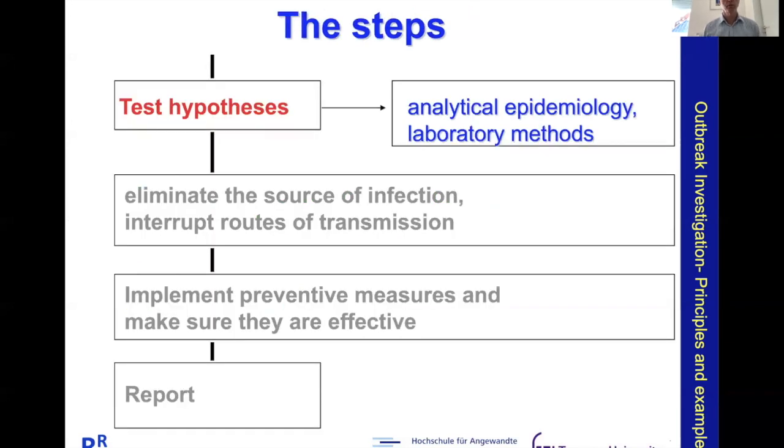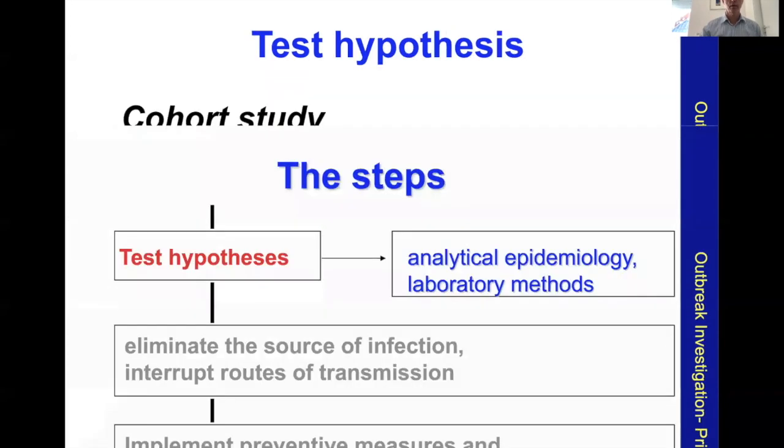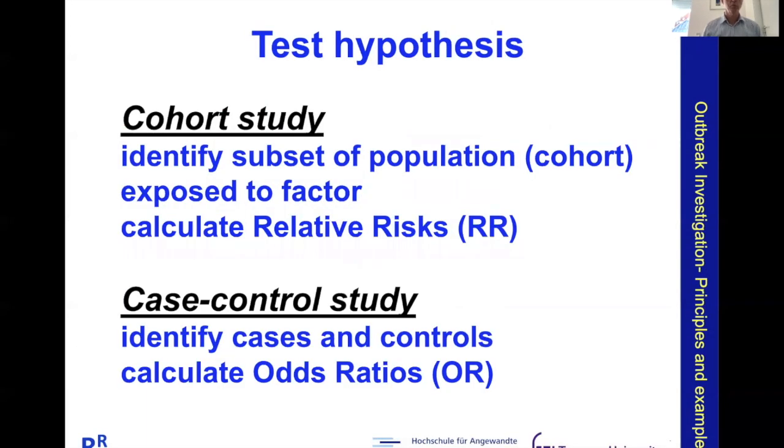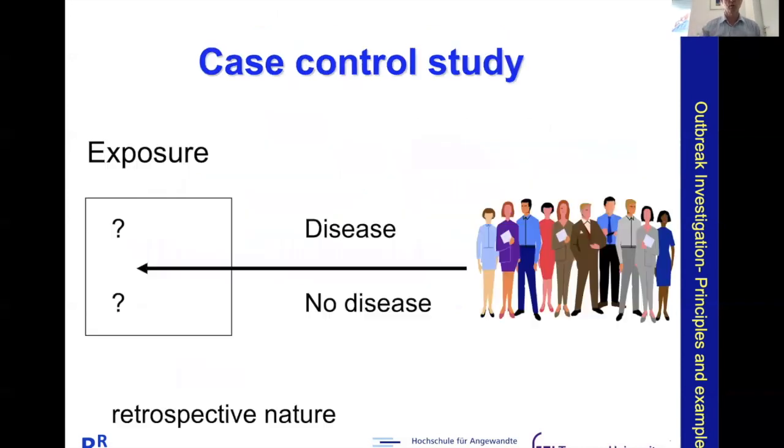Let's have a look. Therefore, we need to test the hypothesis, and for this, I would highly recommend doing an epidemiological study. I hope many of you have heard about the different study designs. Cohort study and case control study are the most common ones under these circumstances.